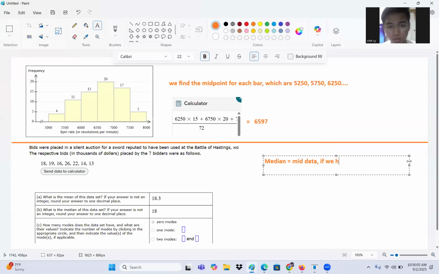If we have two middle numbers, then add them up and divide it by 2, right? We only add up two middle numbers if we have an even data set. If we have odd data, that's simple. Just take the middle data set point. The mode is the value that is repeated, right?